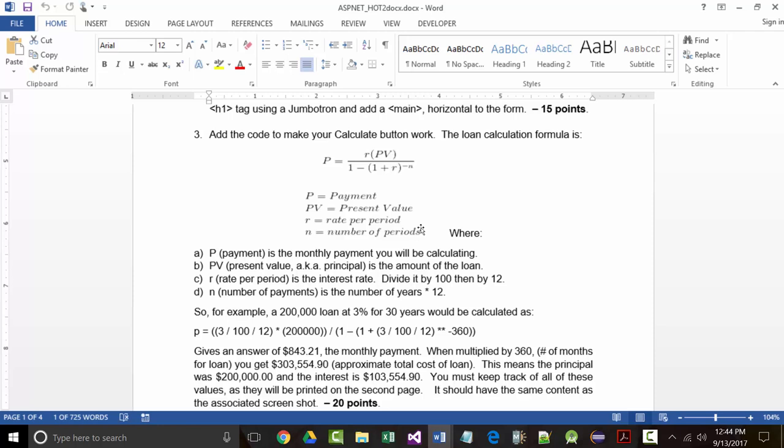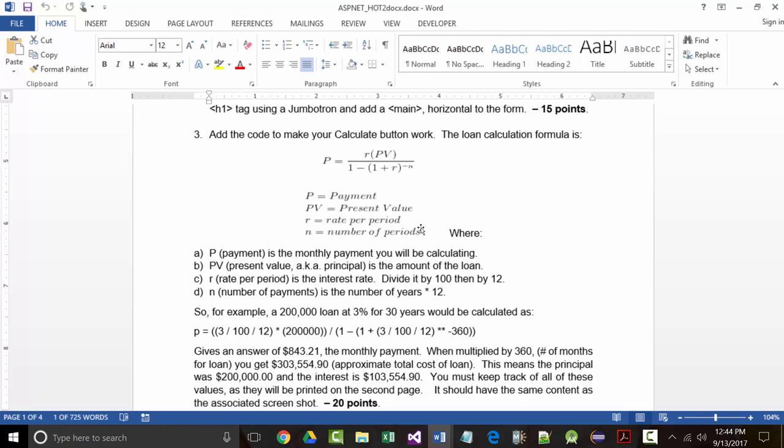So if it was 3%, that was going to be 0.03 divided by 100, or 3 divided by 100, or 0.03, one or the other, divided by 12, because that 3% is an annual rate. It's not a monthly rate. So 3 divided by 12 would be 0.0025 or whatever it is. That's the monthly rate. All right?